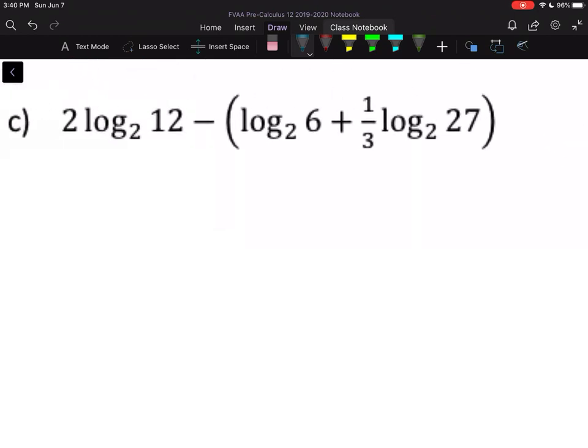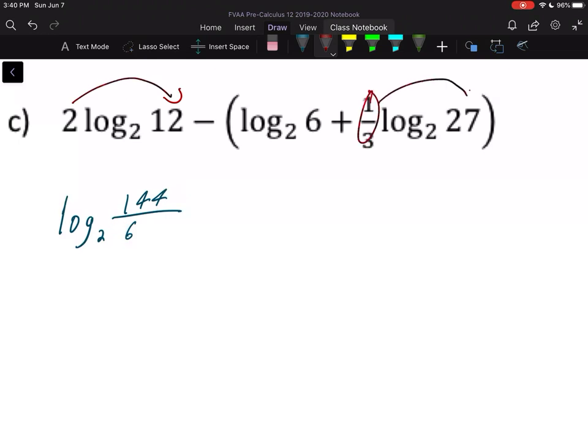All right, so again, I want to move this back here as the exponent of 12. So I'm going to get log base 2 of 12 squared, which is 144, divided by 6, and then the exponent of the cube root of 27 is 3.